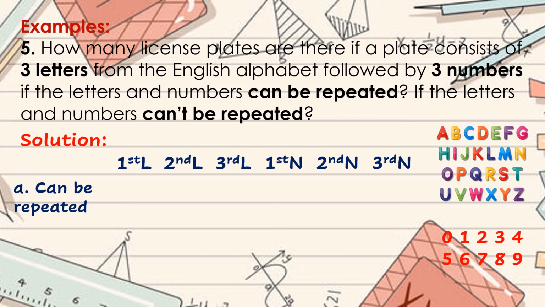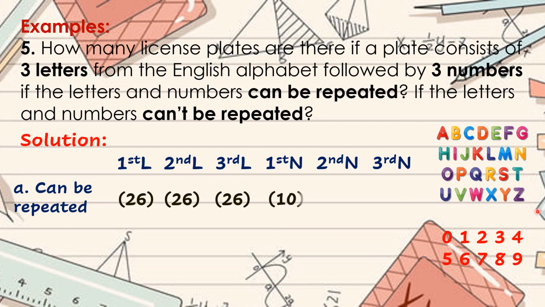So, since pwedeng maulit, the number of choices for the first letter is 26. Same with the second letter and the third letter. Kasi pwede namang maulit. So, halimbawa, si first letter, ang pinili niya, letter A. Pwede pa rin magkaroon ng letter A kay second letter. Diba? Ito. At pwede rin maulit ang A kay third letter.